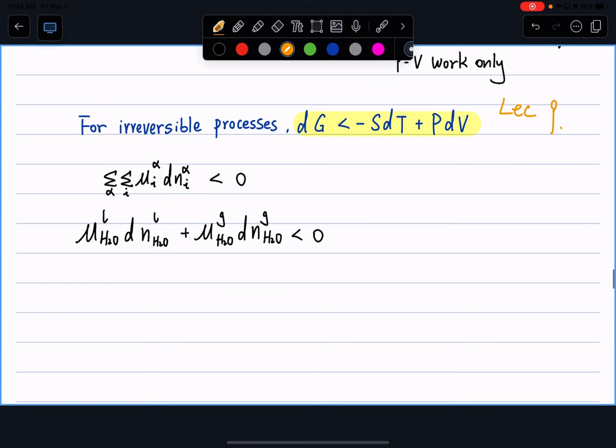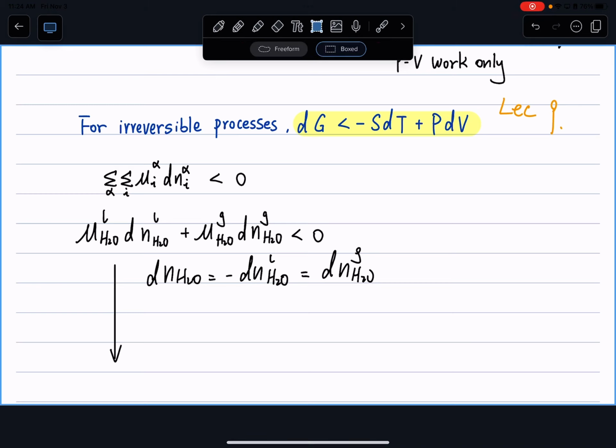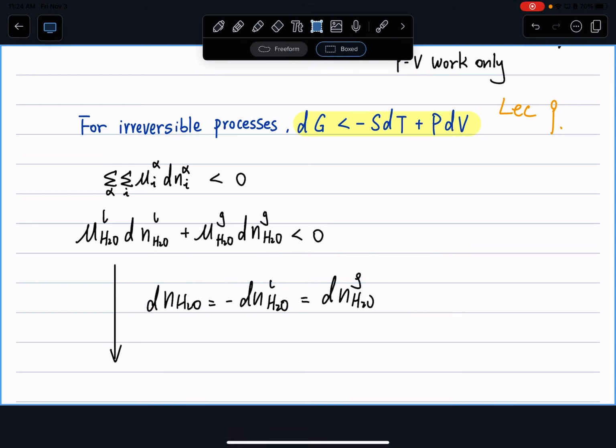So for this irreversible process, again, we have negative dN H2O liquid equals dN H2O in gas phase. This is just saying that for this one component, we do not destroy our material along the way. So the change in moles of your water in different phases must equal each other, just with opposite sign.